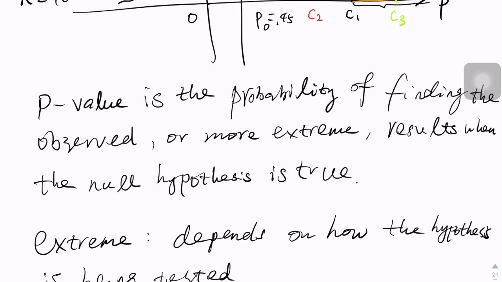The first keyword of this definition is the probability. So the p-value, first of all, is a probability. It should be between 0 and 1. What about the second keyword? It's this one: finding the observed or more extreme results.